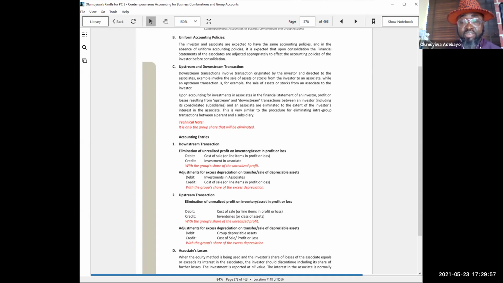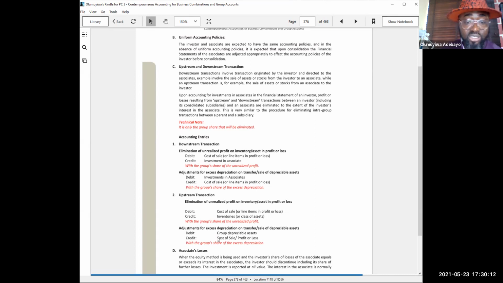The inventory in contest is sitting in the books of the investor, which is the parent, because it's the parent that is carrying the inventory, having bought such from the associate.